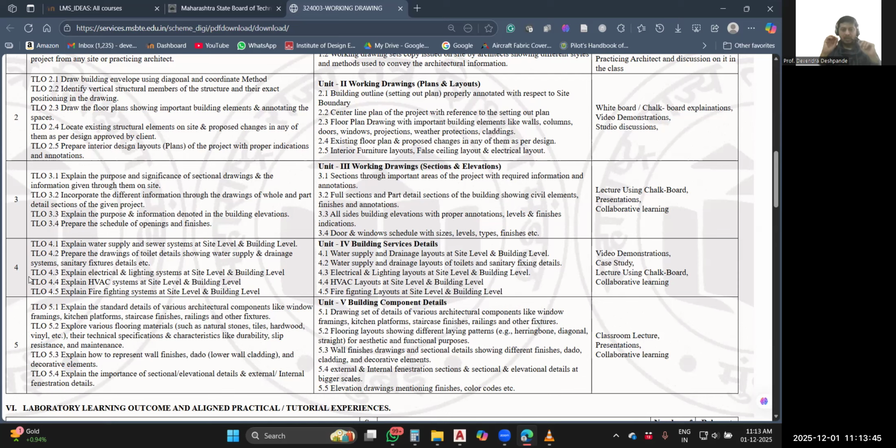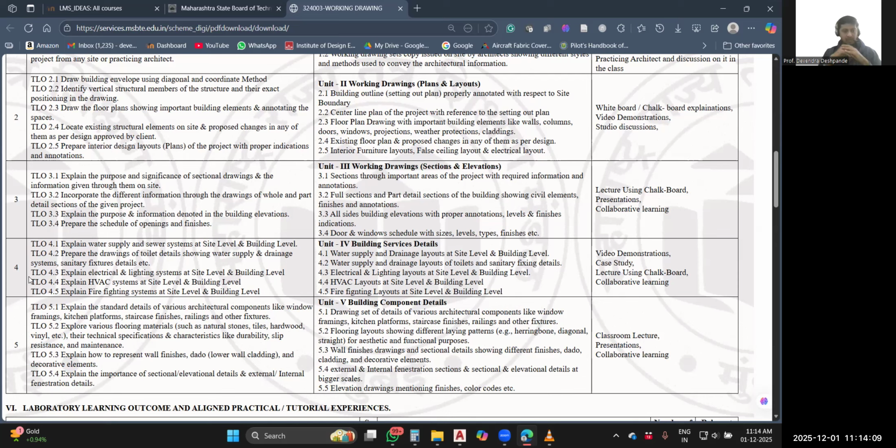So there we are going to provide drawing sets of details of various architectural components like window frames, kitchen platforms, staircase finishes, railings, and other fixtures as to how they are going to come together in order to make that element more efficient, more clean, and functional.